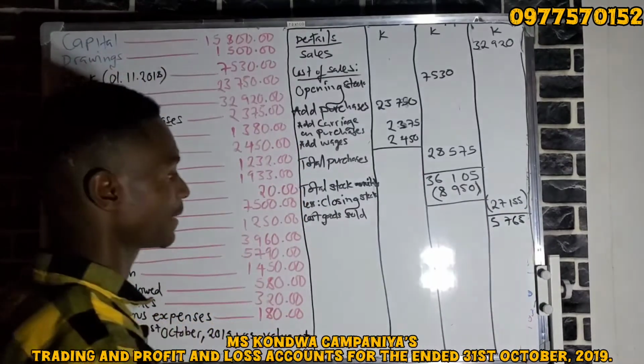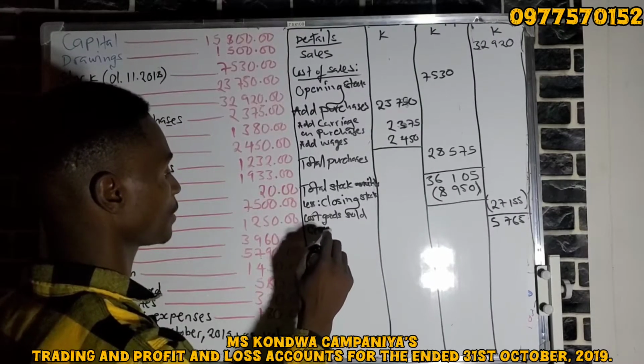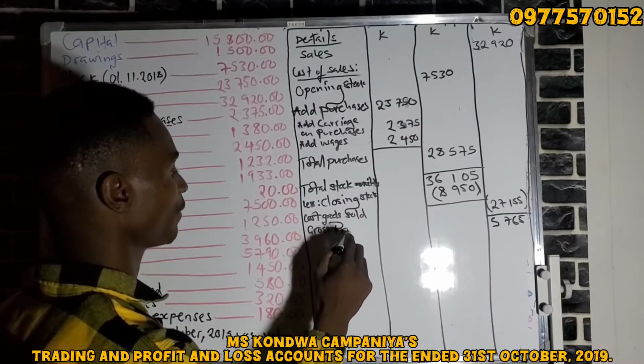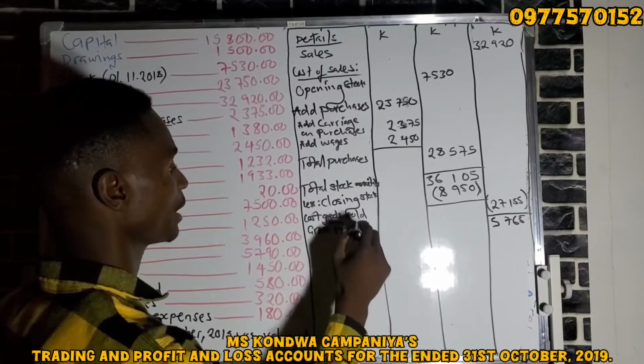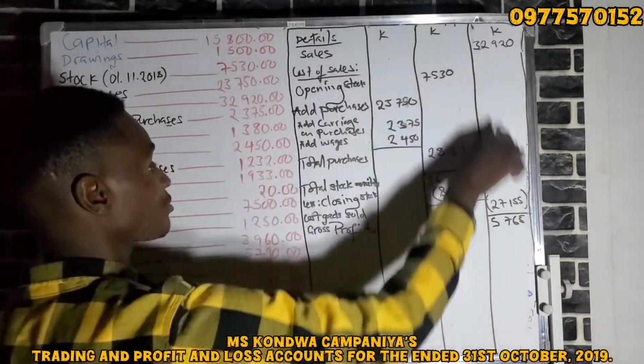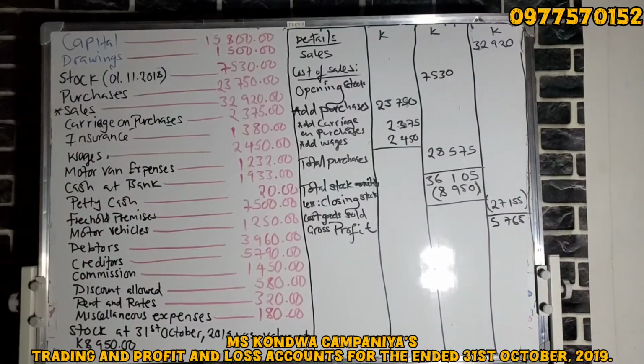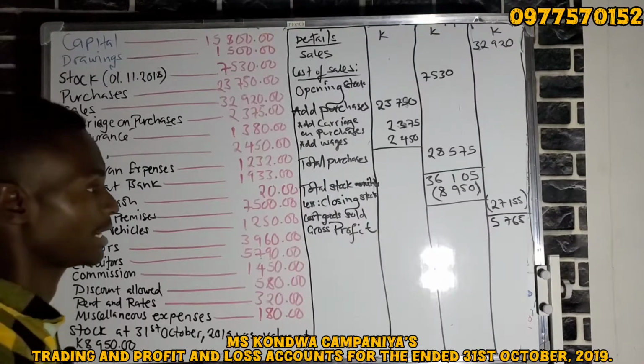This is called gross profit. Sometimes you may find a gross loss. This is gross profit because it is positive. If this one was negative after subtracting, it would have been the gross loss. Gross profit is the profit before the expenses are subtracted, or even income is added.